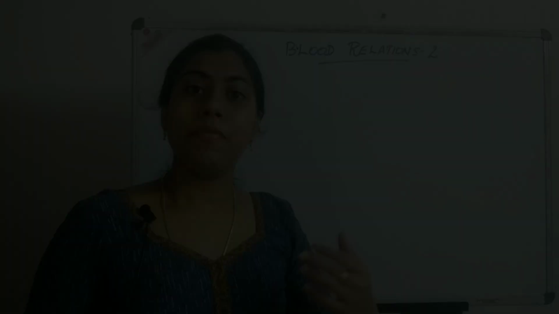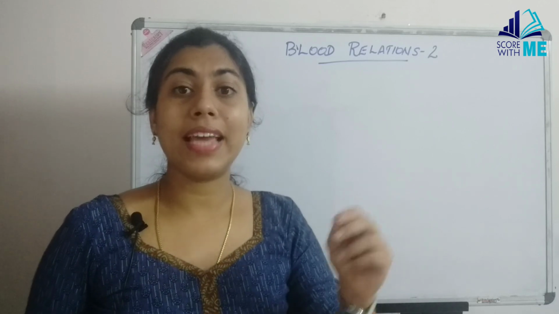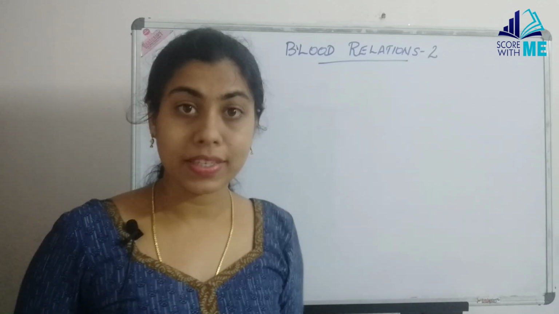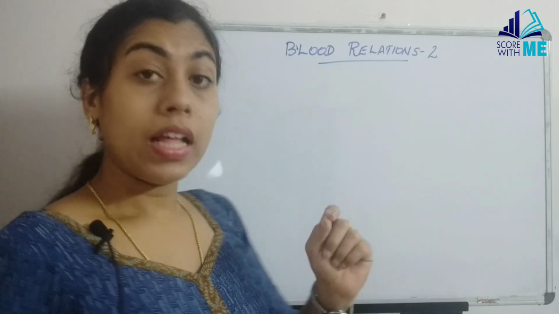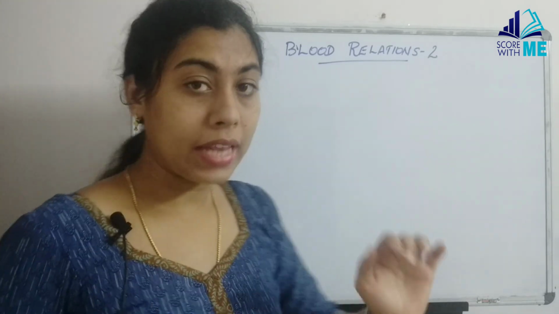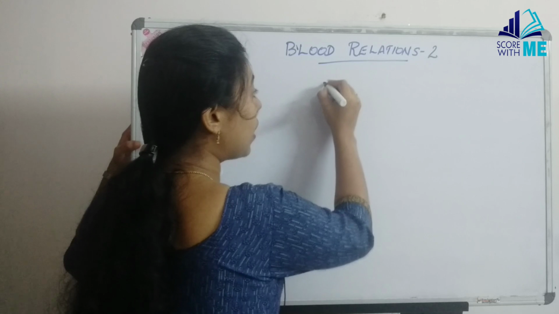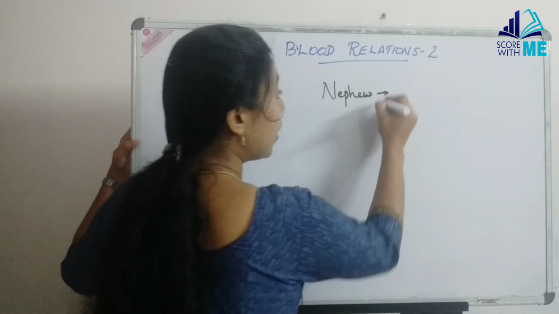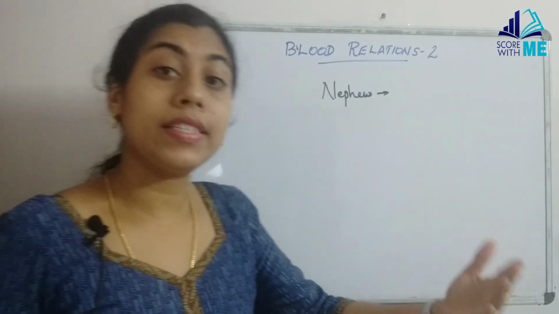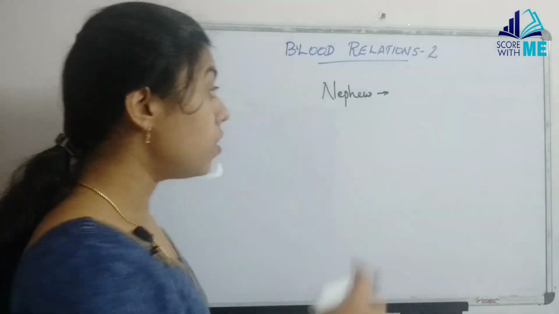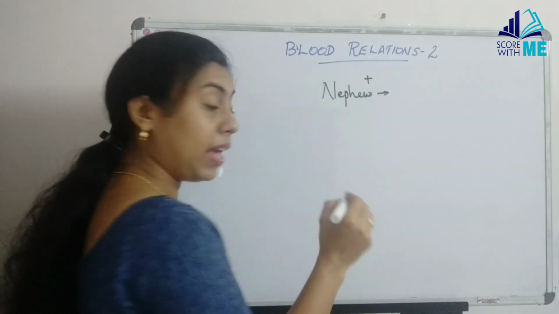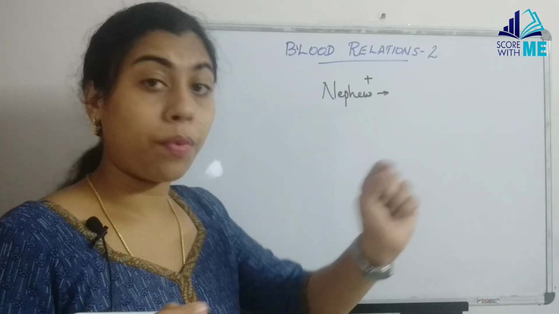So let's start. Before going to the question, let us get clear with some of the common terms that are used in blood relations. So I'll begin with the basic one, nephew and niece. So what is a nephew? A nephew is one's sister's or brother's son. As we remember, nephew is a male and male is always represented with a positive sign.